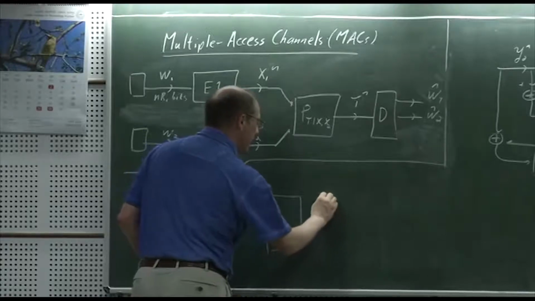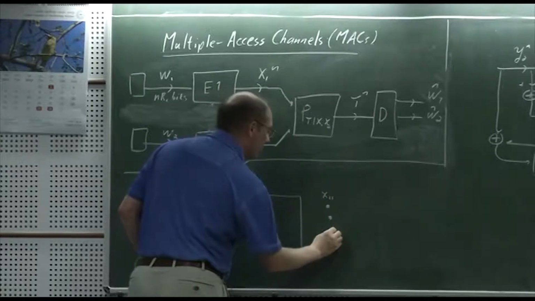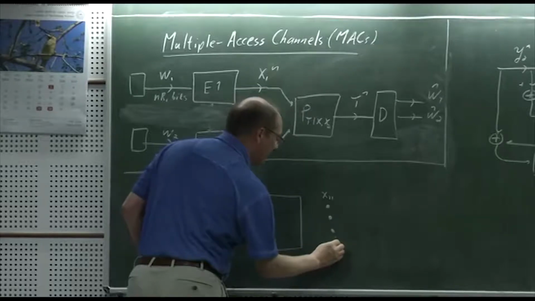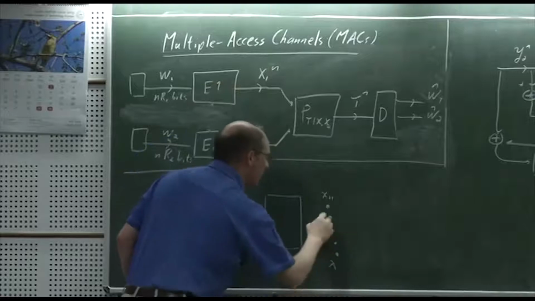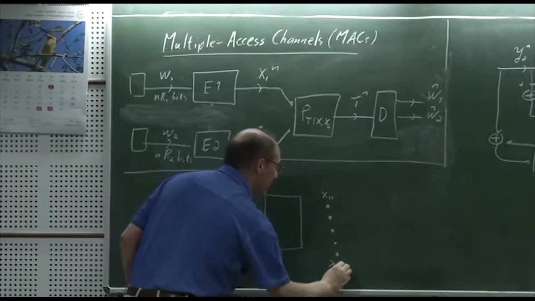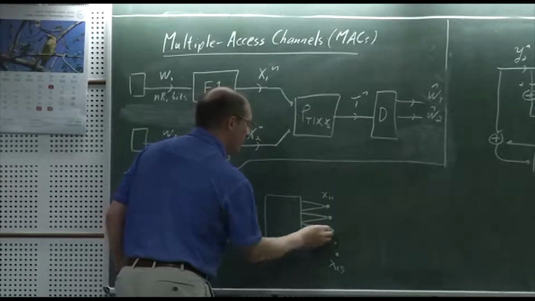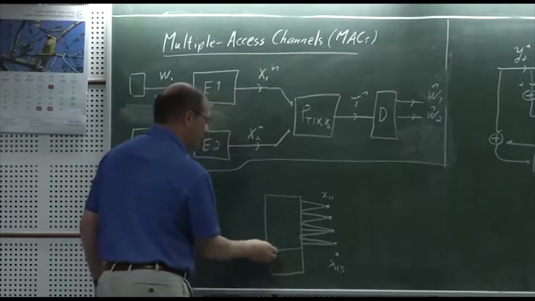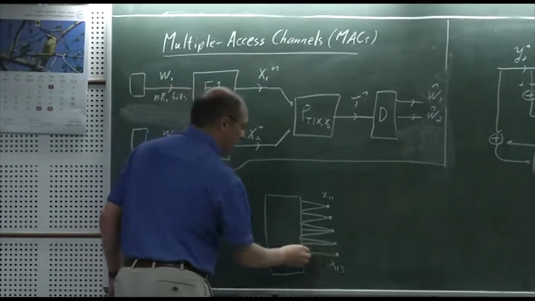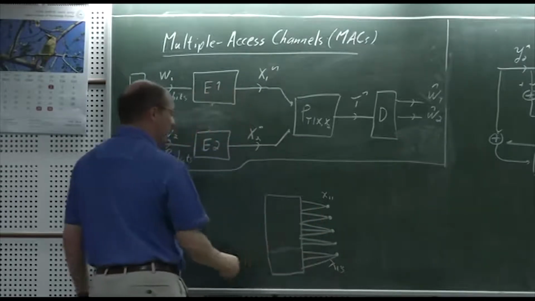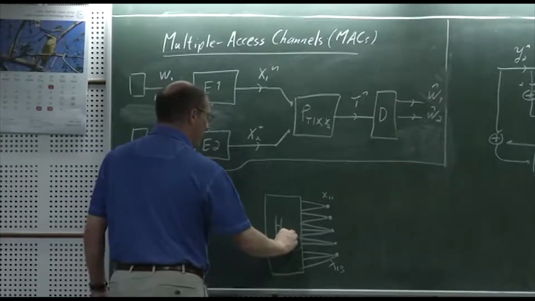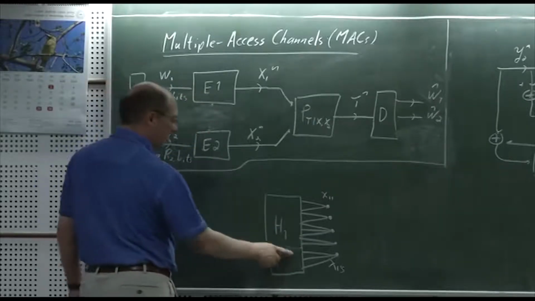Suppose we have x11, x12, x13, x14, and so on. And maybe this here is 2, 3, 4, 5. Okay, and so this might represent the parity check matrix of the first code.